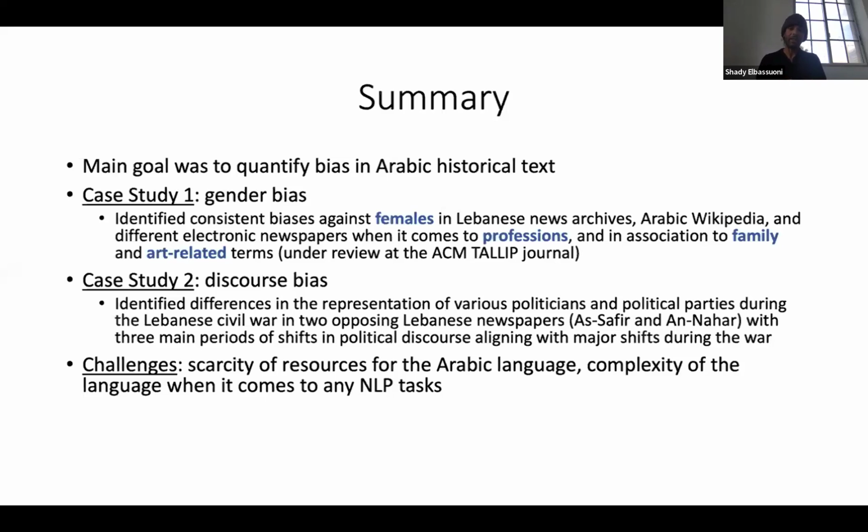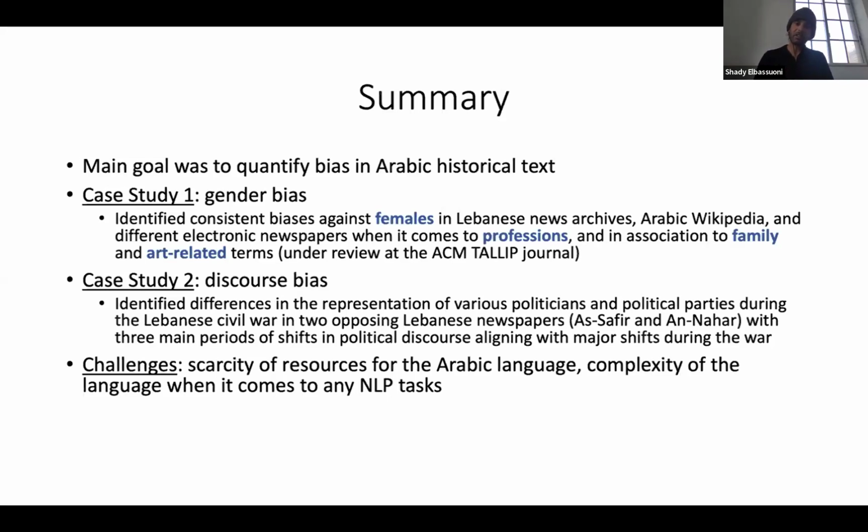Most of these approaches require extensive data: training data for machine learning models, training word embeddings, a lot of lexicons and word lists to quantify biases. And none of that existed at all. So we had to go about building all of these resources ourselves, with the help of our RAs, with the help of smart engineering, and sometimes a bit of crowdsourcing.